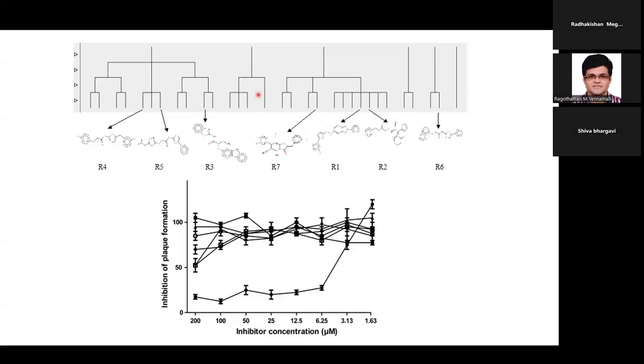For that, we do an assay called the plaque inhibition assay. In the plaque inhibition assay, you take an agar plate and put a layer of bacterial cells, or the host cells, and then you make the virus incubate with the chemical molecule.